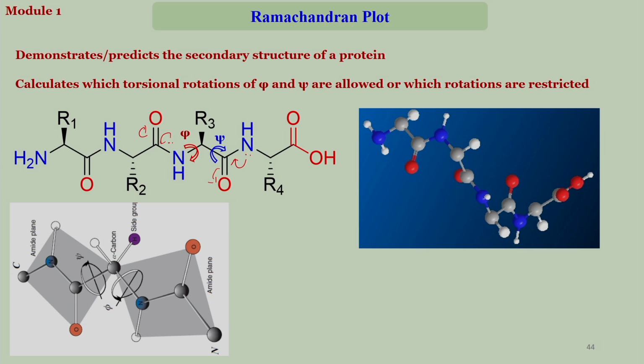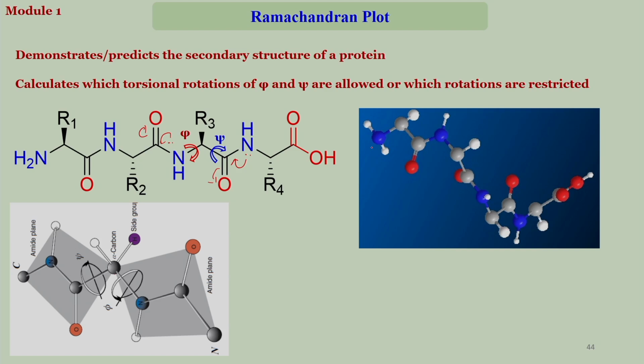Now, if you fix the phi, since this is a single bond, ideally you can rotate it 360 degrees, it should be allowed. So if you rotate this bond, what will happen? I have drawn a structure in this fashion here.